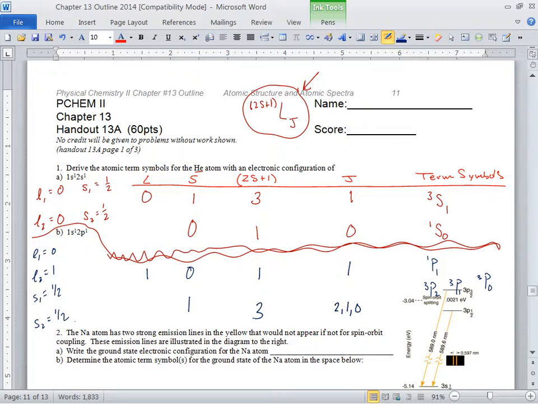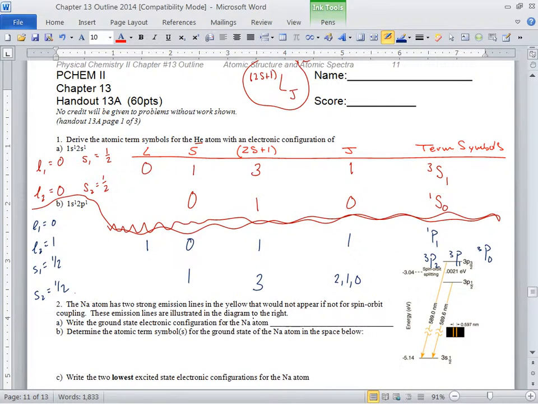Okay, so make sense? Everybody got those? Test like those, all 3 or 4 would be the answer. Yeah, you've got 4 term symbols to work with. Okay? Ready to go on to the next part?